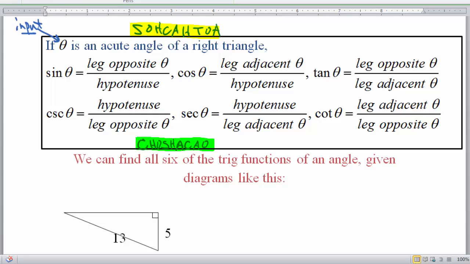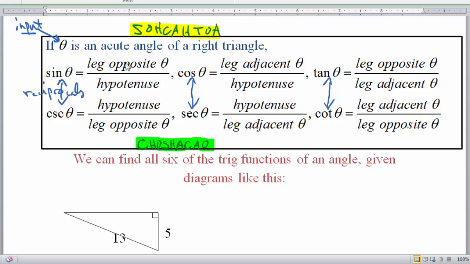Now, do you really have to memorize SOHCAHTOA and CHOSHIKAU? No, you can really just memorize SOHCAHTOA as long as you realize that sine and cosecant, cosine and secant, and tangent and cotangent are reciprocal functions of each other.